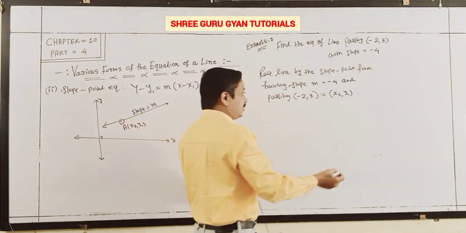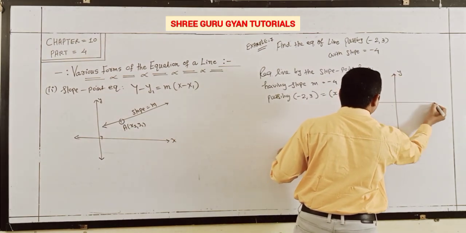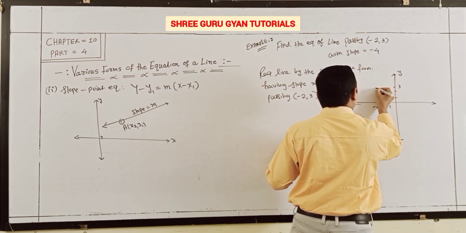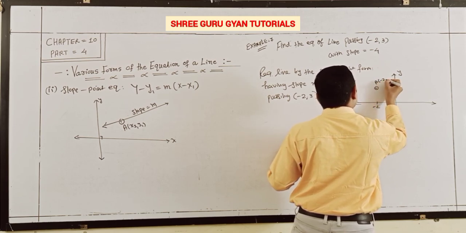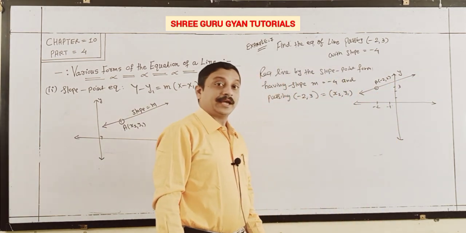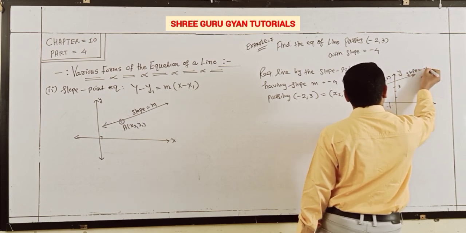Just like our rough drawing, we will draw it. Here is your point (minus 2, 3): minus 2, then 1, 2, 3, approximately here. That is the line passing through it, and the slope is known, minus 4.